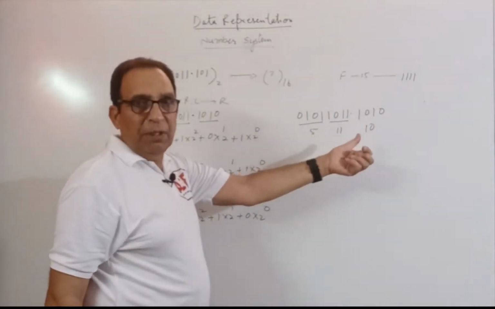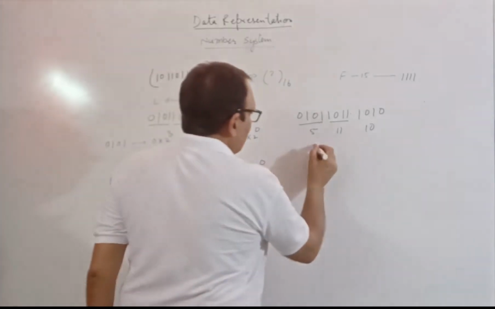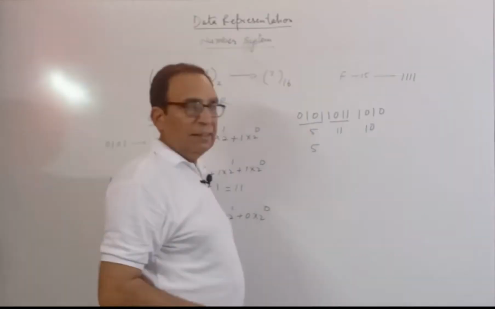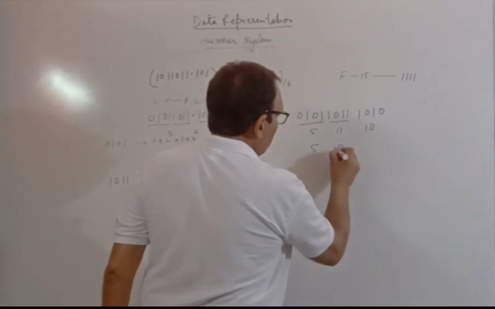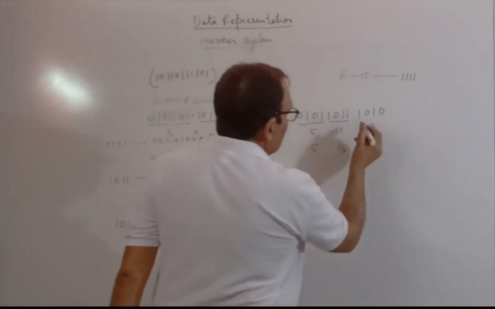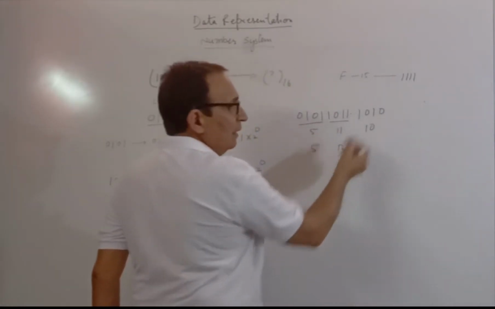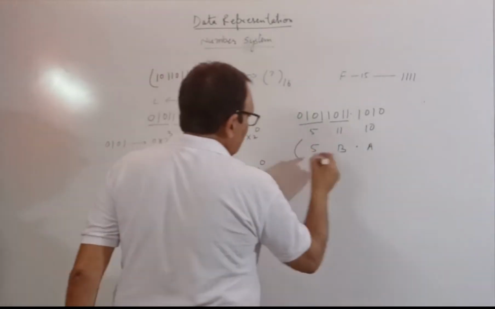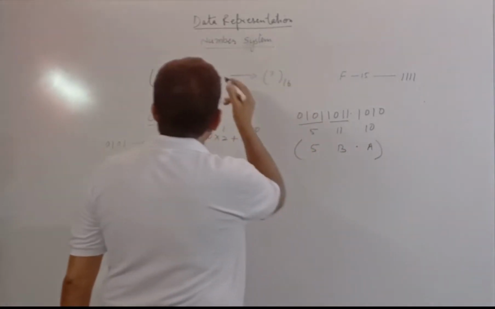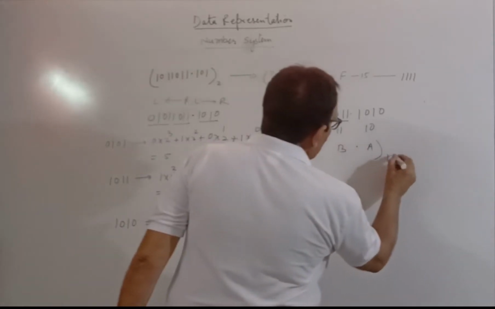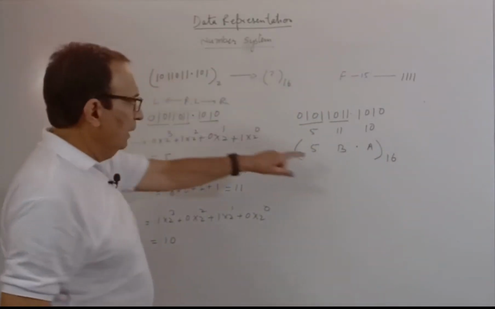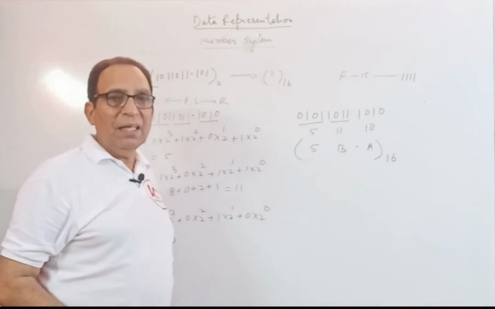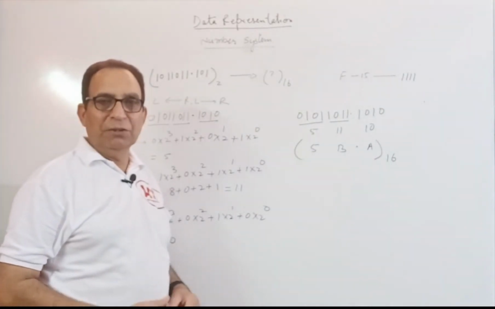This is the hexadecimal number, but 11 cannot be written as such. 11 is equal to B, and 10 is equal to A. That way, the hexadecimal number which is coming equivalent to this binary number is 5B.A. I hope it is clear to you.